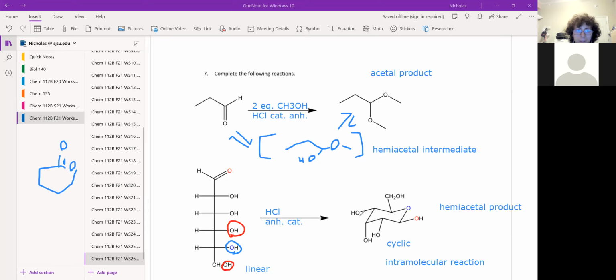How many atoms? Yeah, most of them are equatorial, but it's a 6-membered ring. That's the important part.